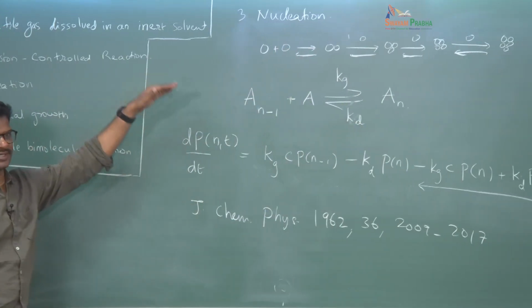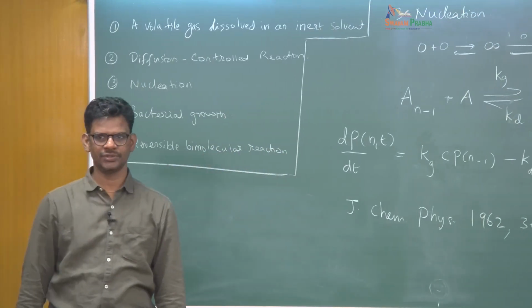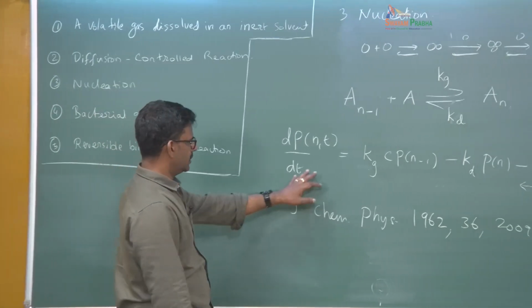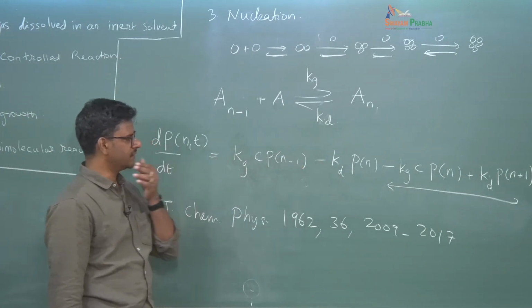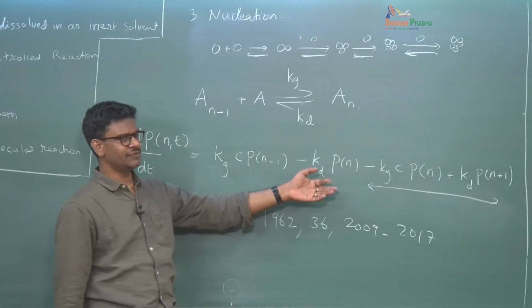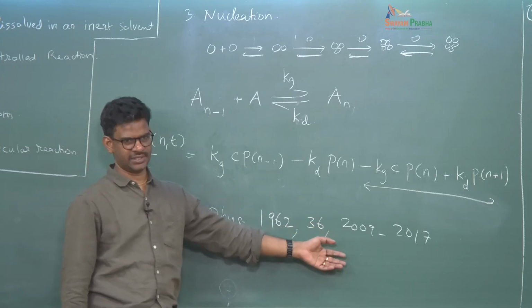So you are going to set up hundreds of equations and then solve them simultaneously using numerical methods. This paper talks about the analytical solution of this problem. I am giving this reference because if you try to solve this numerically, you can benchmark your numerical results against these analytical solutions.